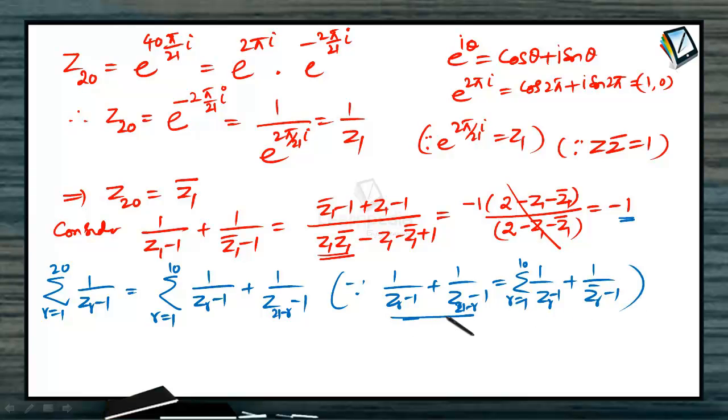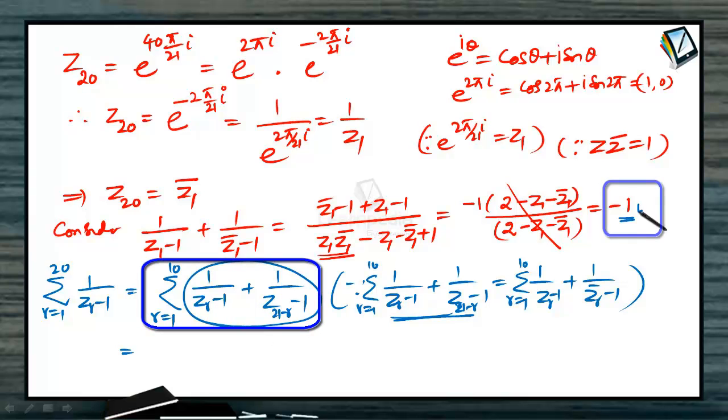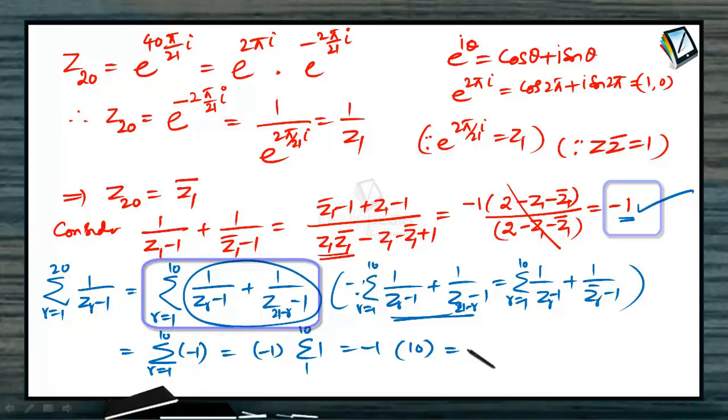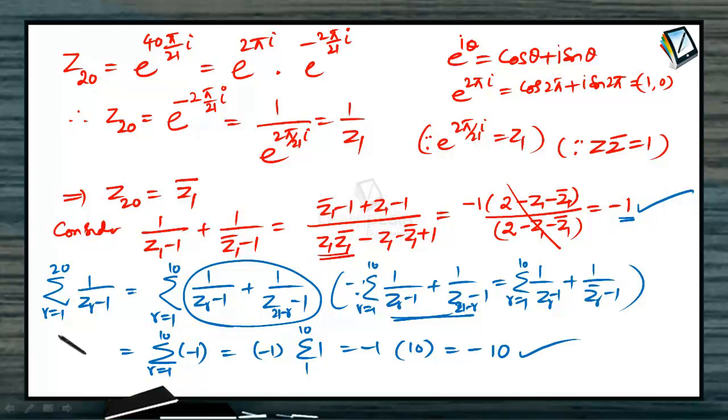Its value is already evaluated to be minus 1. So this is sigma r from 1 to 10 of minus 1, that implies minus 1 times sigma of 1 from 1 to 10, which is 10. That is equal to minus 10, the answer of this expansion.